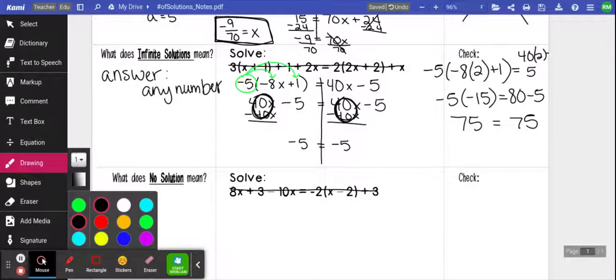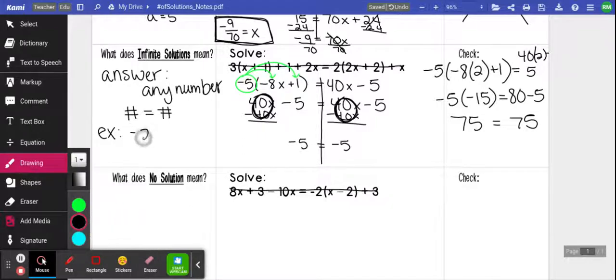What this will look like is a number equals a number. So when you solve your equation, we got -5 equals -5. So that's one example. What would another example be? 5 equals 5. What's another example? -2 equals -2. -2 equals -2 might be an answer that we see. 10 equals 10.